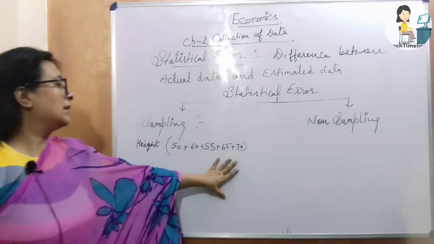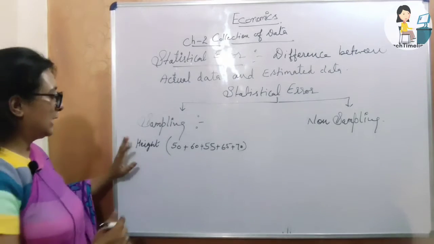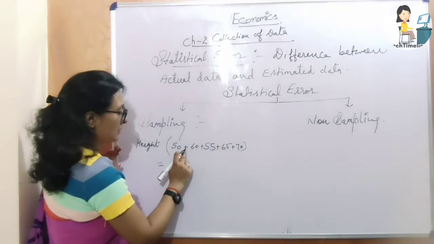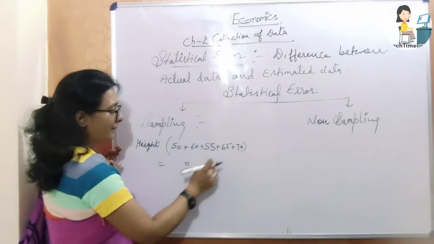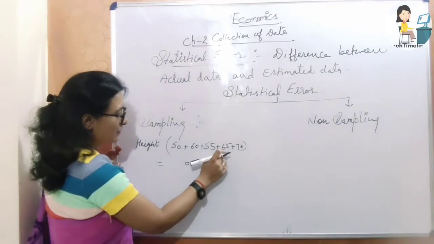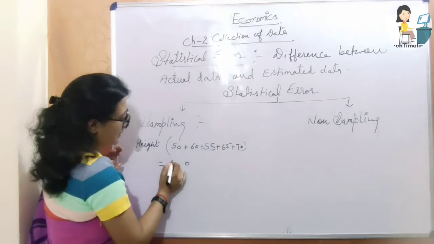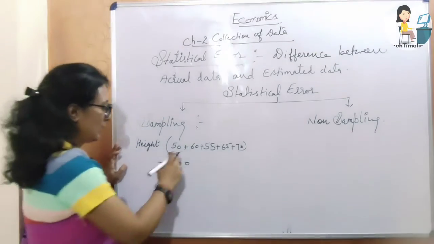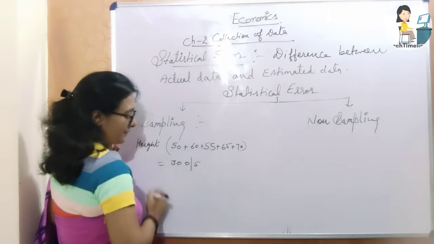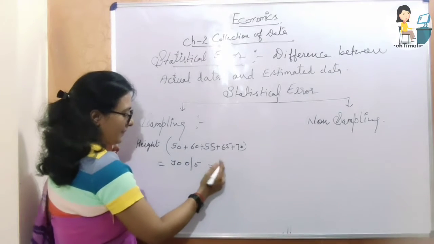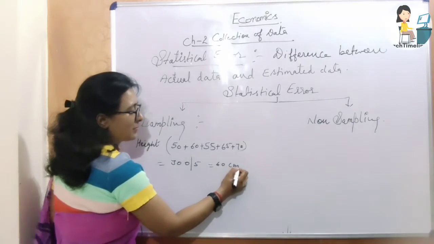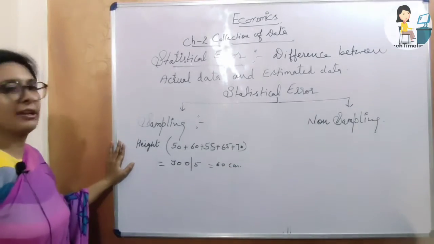If I make the total of this and calculate the average, that is 60 centimeter, the average height of 5 people.